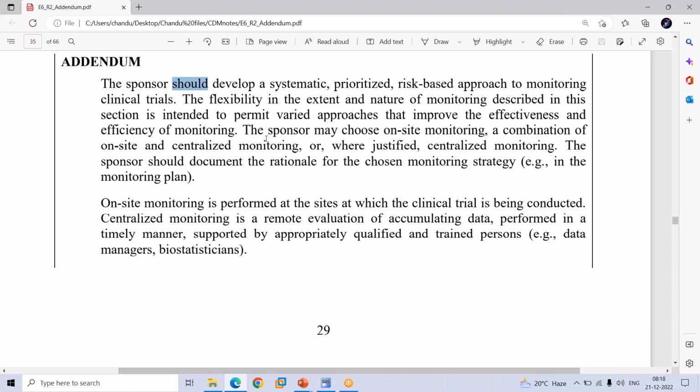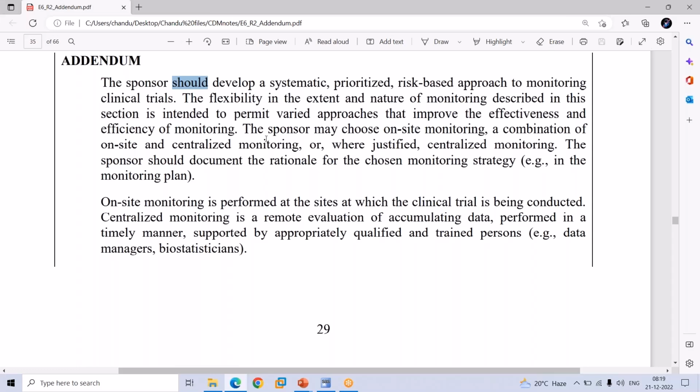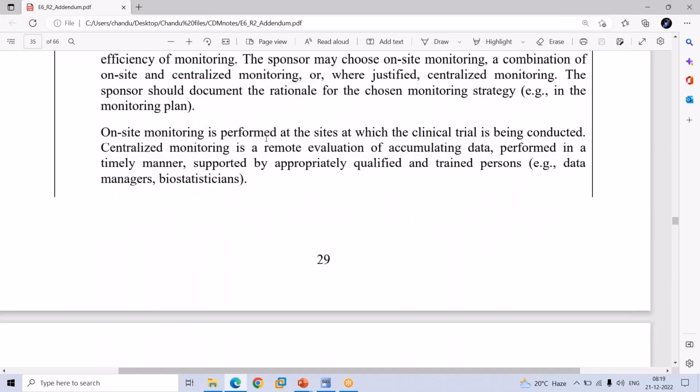Centralized monitoring is a remote evaluation of accumulating data, performed in a timely manner and supported by qualified trained persons like managers and statisticians. So centralized monitoring is remote evaluation. On-site monitoring is at the site where the clinical research is going on.